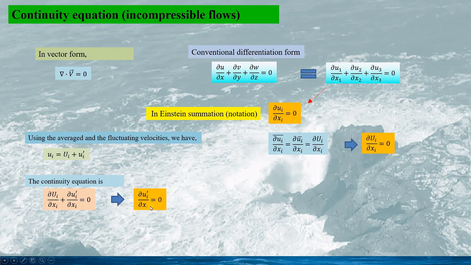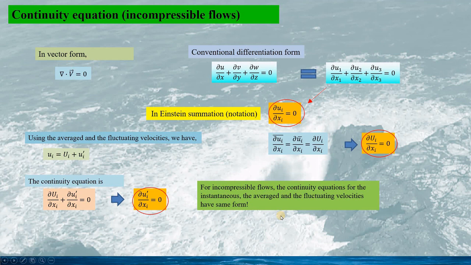So we can have the continuity equation for the fluctuating velocities as this. Therefore, we can see for incompressible flows, the continuity equation for the instantaneous, the averaged, and the fluctuating velocities have the same form, as seen in the circles.